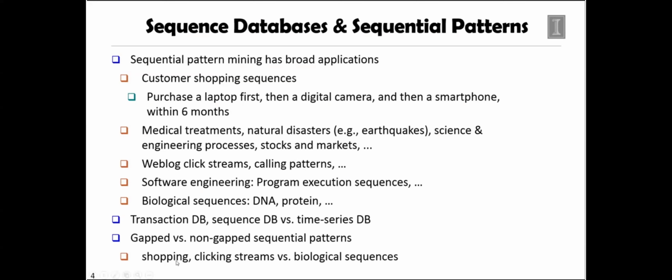For example, for shopping transactions, you probably don't care if the customer buys some other things in the middle, so it's not important to study the gaps. For clickstreams, sometimes you may care about gaps, and sometimes you probably do not care that much. For biological sequences, in many cases you do care about gaps. For protein or DNA sequences, if you insert many things in the middle of two DNA sets, sometimes you may completely change the function.